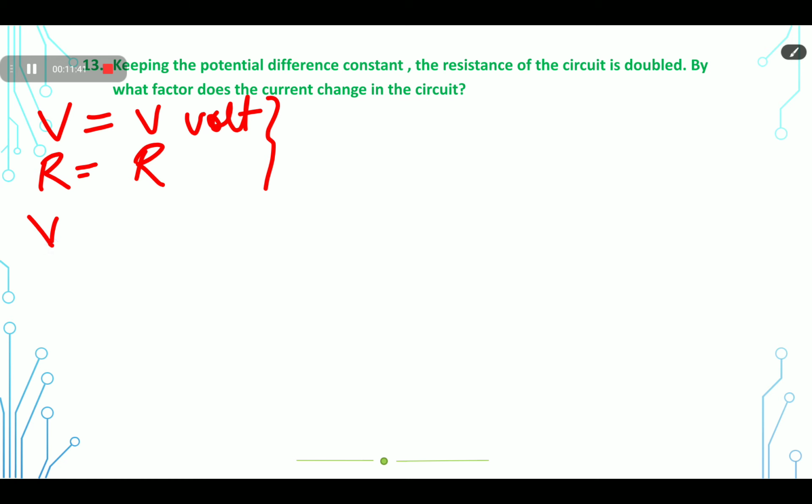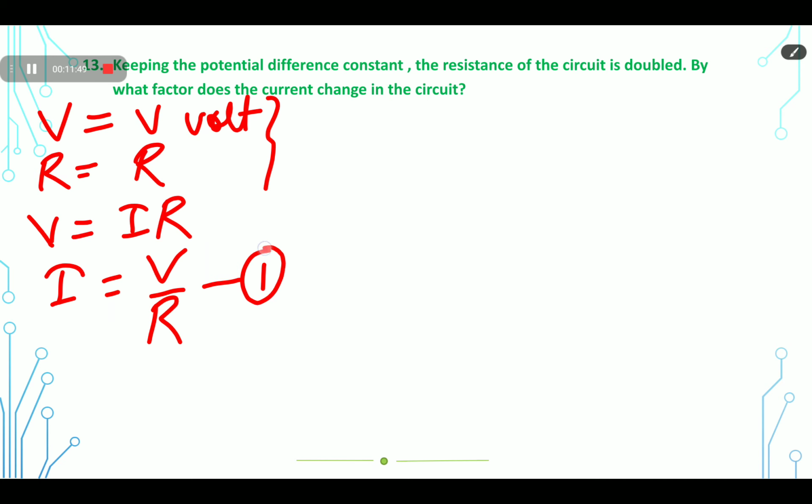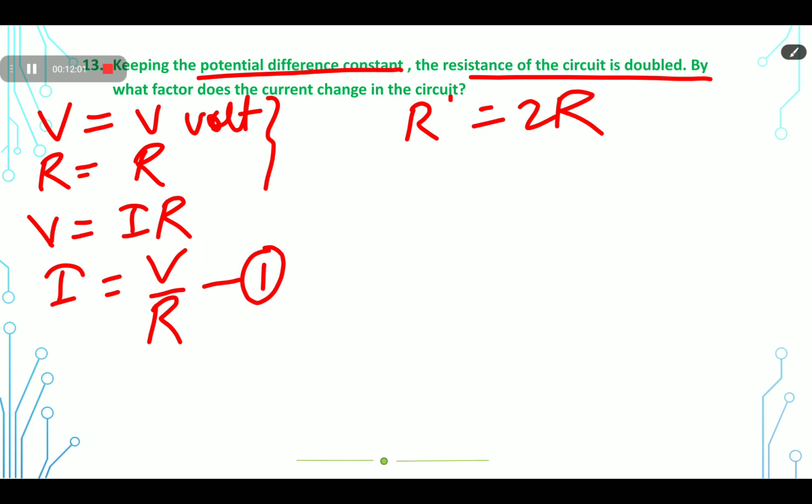So according to Ohm's law, we know that V is equal to IR, and from this I is equal to V by R. This is the expression for the conductor. Now when the resistance is doubled, that means R dash is equal to 2R, and keeping the potential difference constant, the potential difference is again V volt. And if the resistance is changing, then the amount of current also changes.